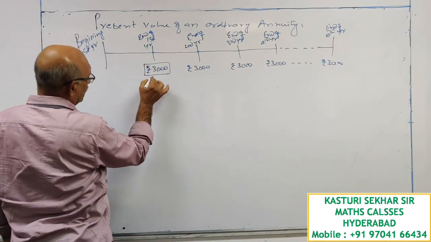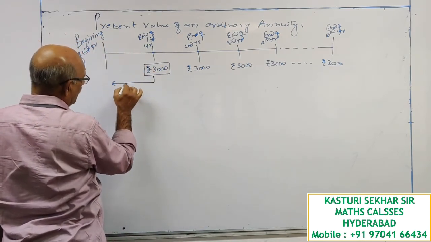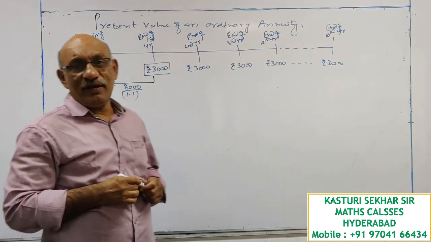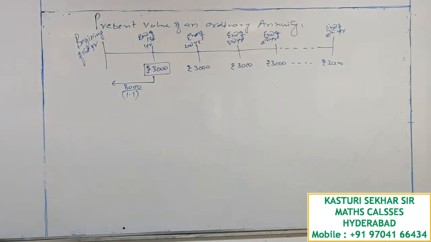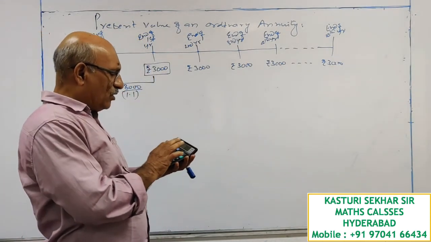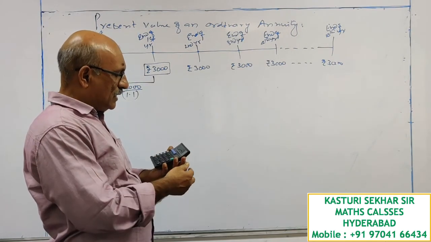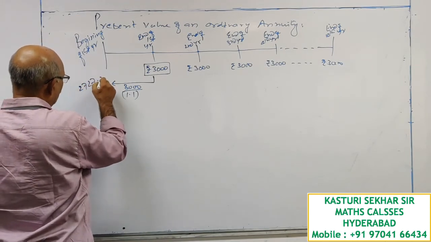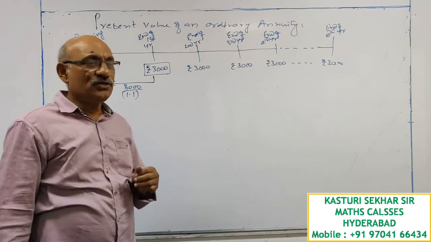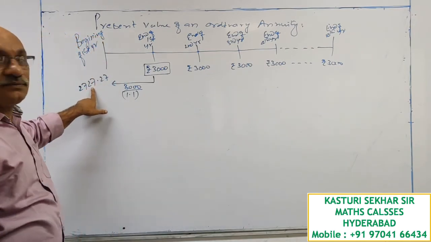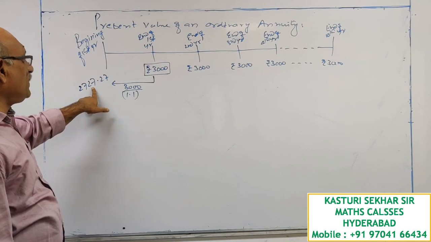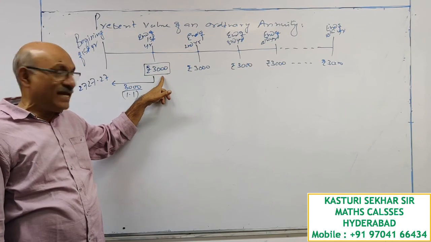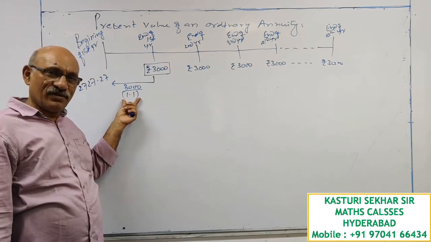If I take time value of money as 10%, it is 3000 divided by 1.1, which is 2727.27. What does it mean actually? At the beginning of first year, if I deposit 2727.27, it will become 3000 at the end of the year when rate of interest is 10%.